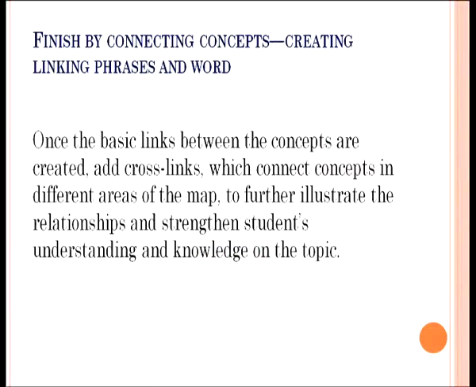Linking phrases and words. Once the basic links between the concepts are created, add cross links which connect concepts in different areas of the map to further illustrate the relationships and strengthen students' understanding and knowledge on the topic. These linking phrases and words are of utmost importance.